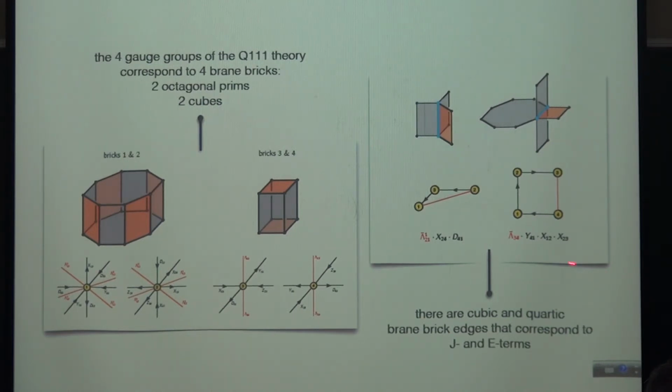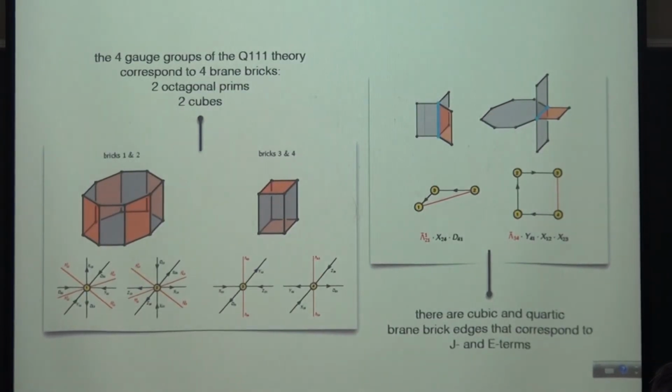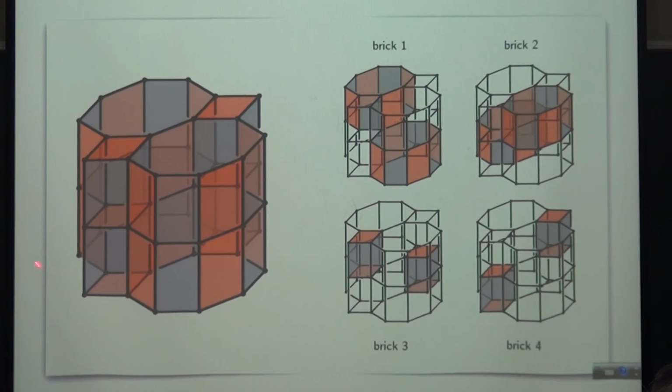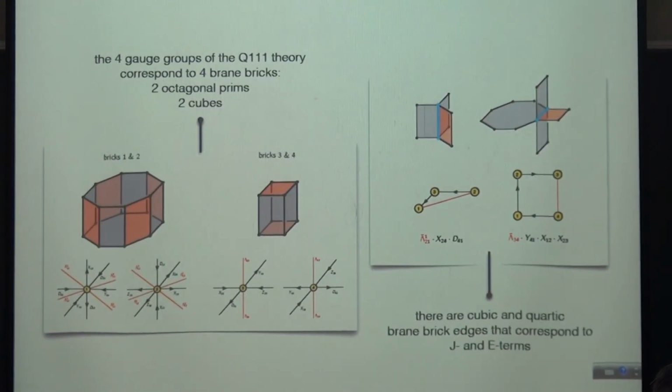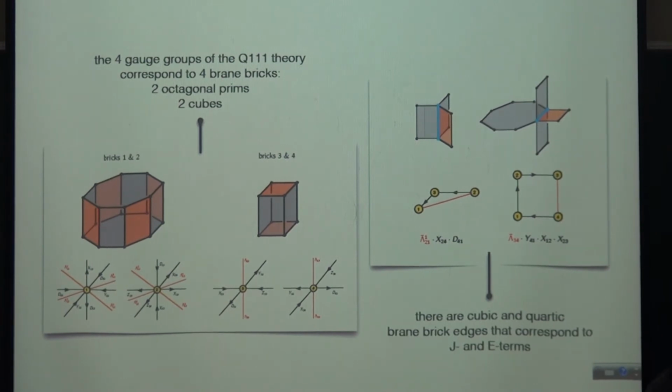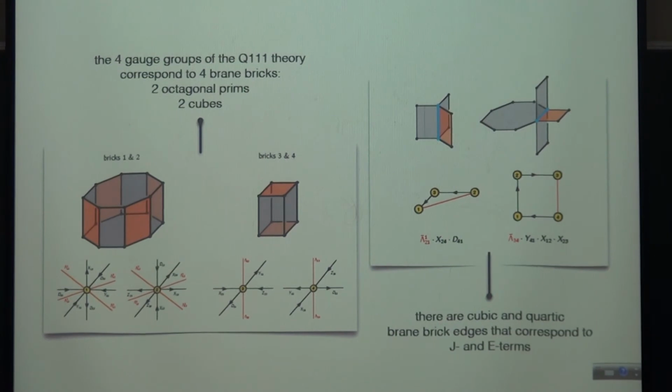And in fact, if I collect the data of the tessellation, so this tessellation is precisely made out of these octahedral prisms and cubes, and given this tessellation of the free torus, I can identify the gauge groups and chiral multiplets and Fermi multiplets and J and E terms using this dictionary. So you can now start to construct an infinite class of 2D 0,2 theories from the set of tessellations of the free torus.